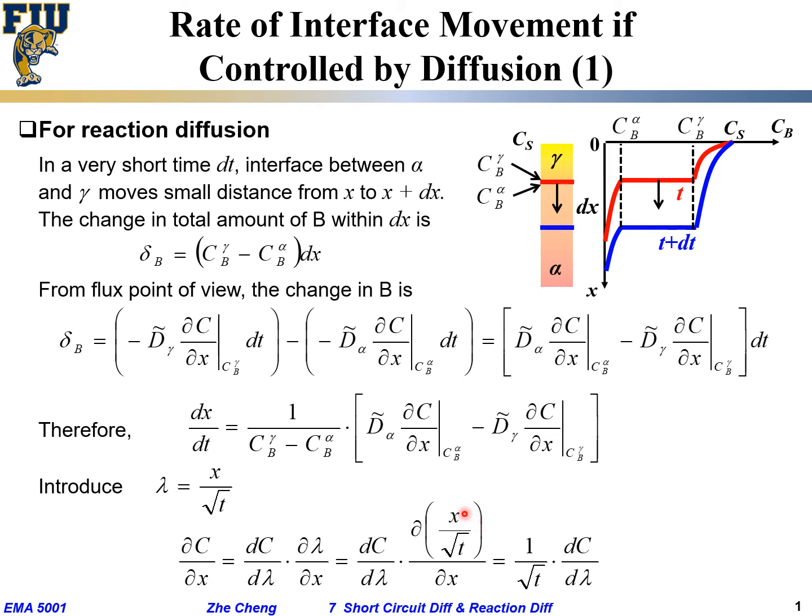Lambda is x over square root of t, and we are only doing this differential with respect to x, which means t is a constant, right? Now we put square root of t in the front. Partial differential of x with respect to x is 1, so dc over d lambda. Okay? So then we have the partial differential term within the bracket.